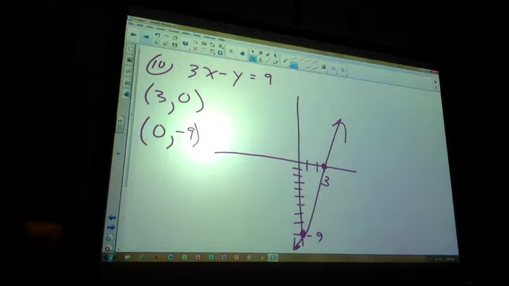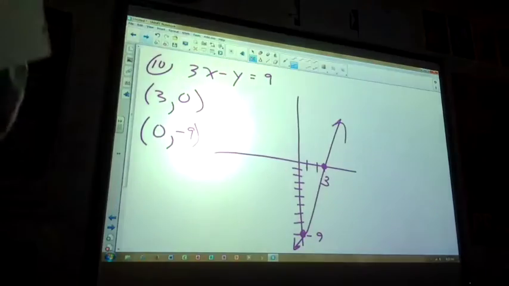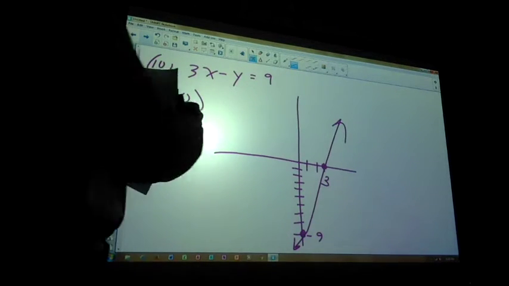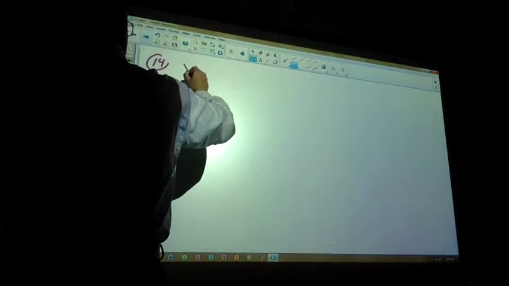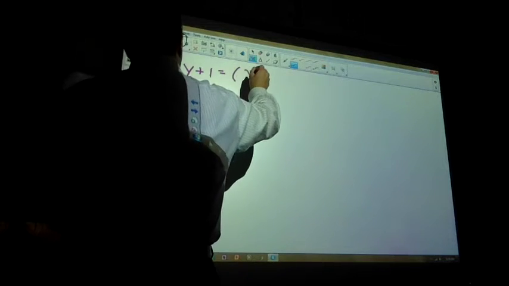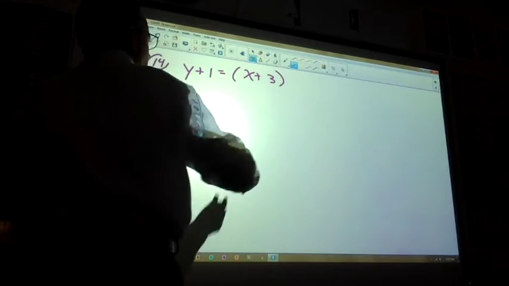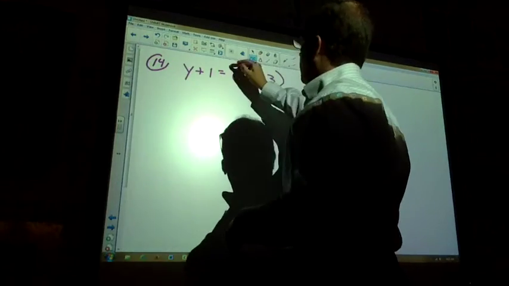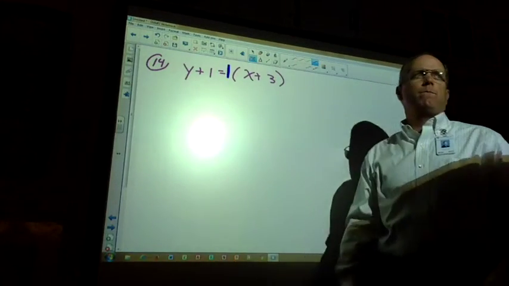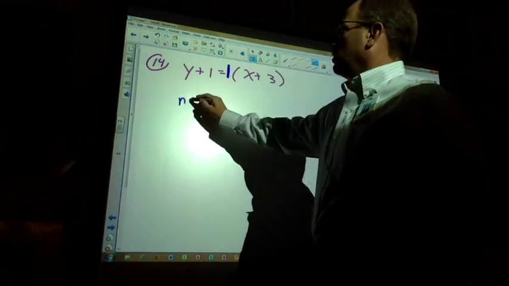Rom, you had one, 15, 14, 19, something like that. Number 14. So this is already set up in point slope form. Agree, everybody? My slope is sitting out here as a 1. So my slope is equal to 1.